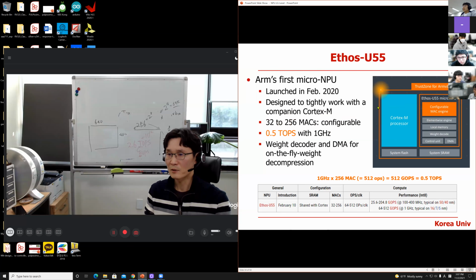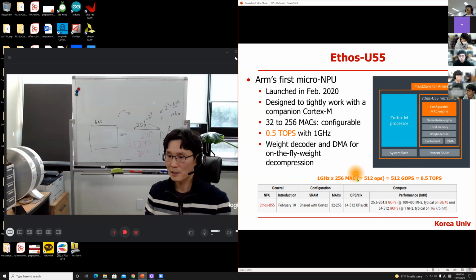If this runs at 1 gigahertz, then the best NPU performance will be this one, assuming that you have the 256 MAC unit.